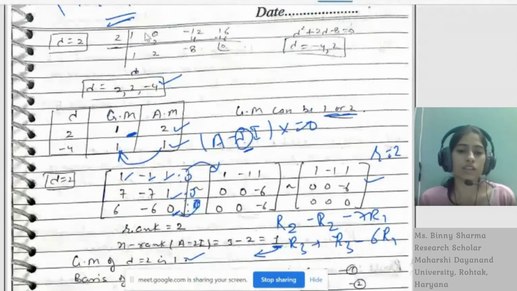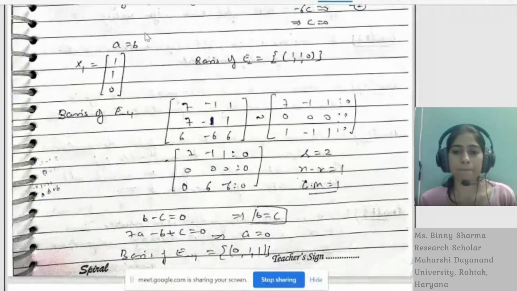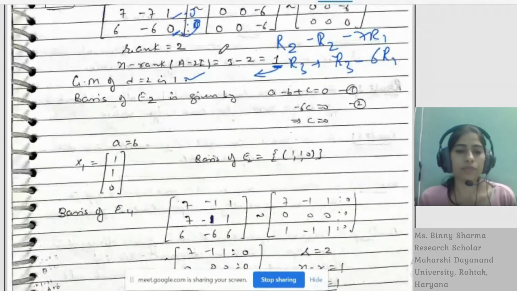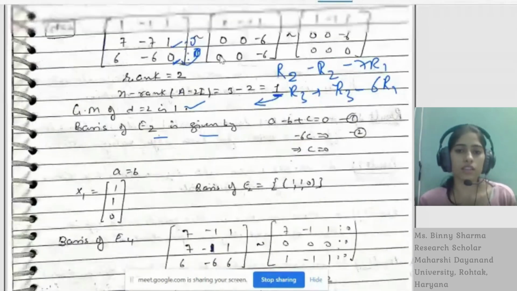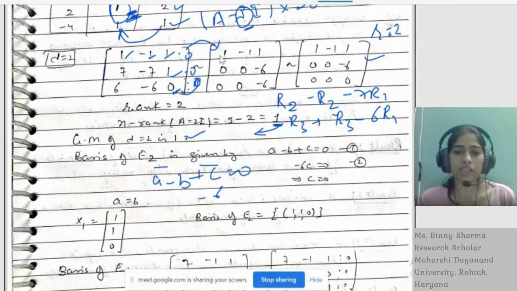That's why we have written that the geometric multiplicity of eigenvalue 2 is 1 here. The basis of E2 is given by: just make a minus b plus c equals 0 and minus 6c equals 0. c is 0 and we get a equals b.